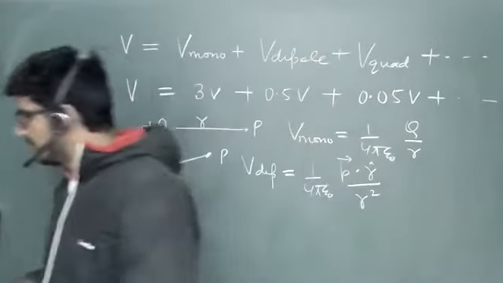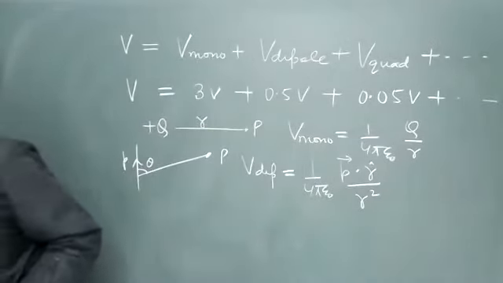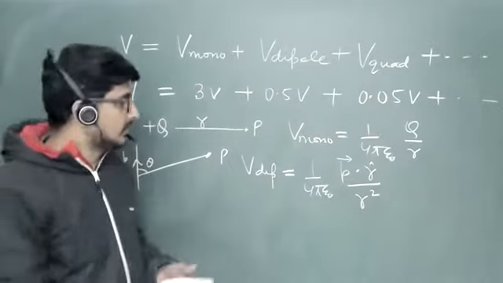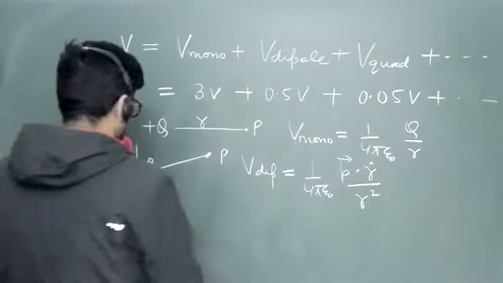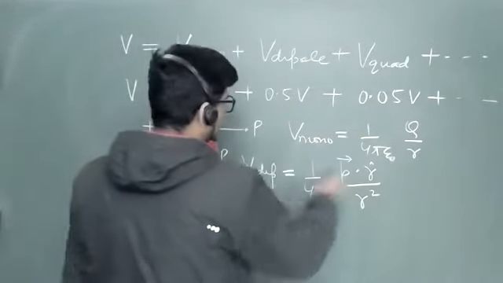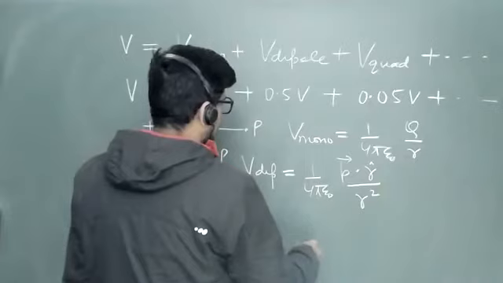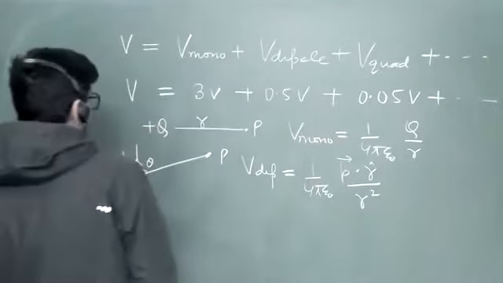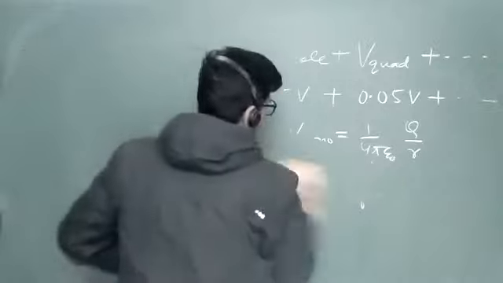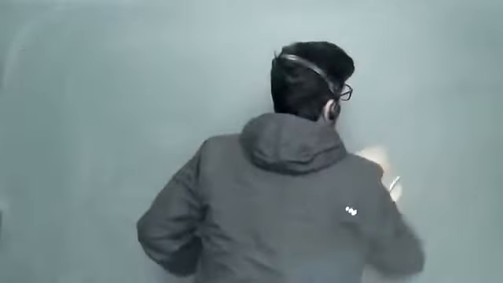So when I write this, how will it look? First let me write it like this. This was V dipole, and similarly we can write all the terms. So tell me in the form of the densities that I have written, how it will look like, what we did in the previous class.